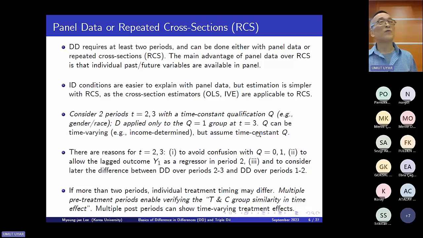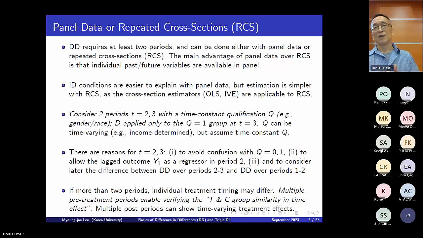Nevertheless, I'll assume for a while that this treatment qualification variable is constant. Because if Q changes, the effect of the Q change can confound the treatment effect.